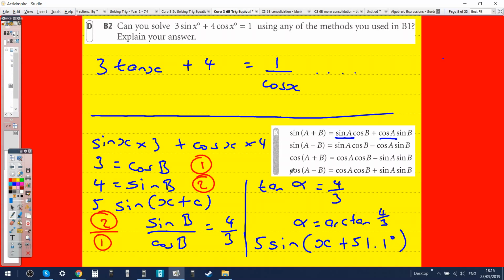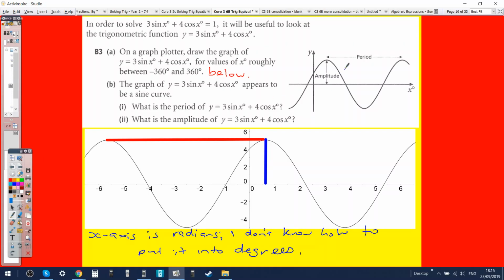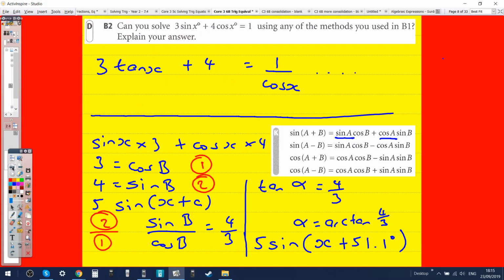Yeah. Okay. Yes. So you can show it using graphs where it's a transformation. So it's a stretch by the Pythagoras, and it's a translation by the alpha because it's moved 51.1 degrees to the left because it's x plus alpha.